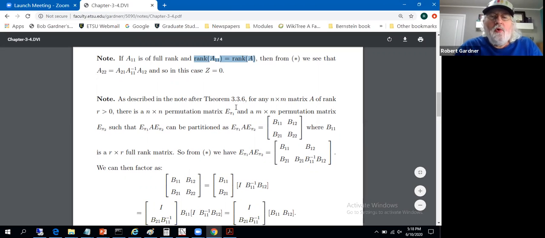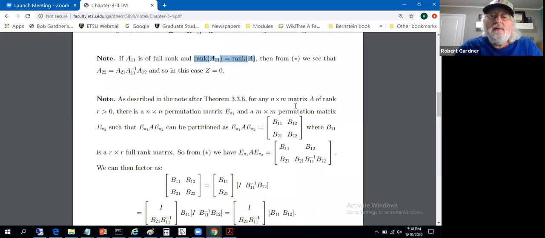We mentioned in the previous section that for any n by m matrix A of rank R greater than 0, don't consider the 0 matrix, there's an n by n permutation matrix E sub pi 1 and an m by m permutation matrix E sub pi 2, such that you multiply A on the left by one permutation matrix and on the right by the other.